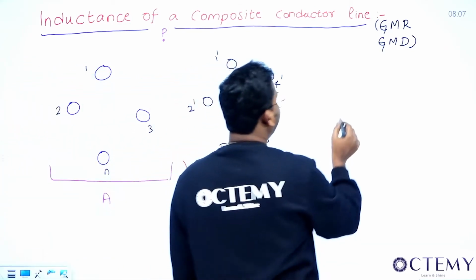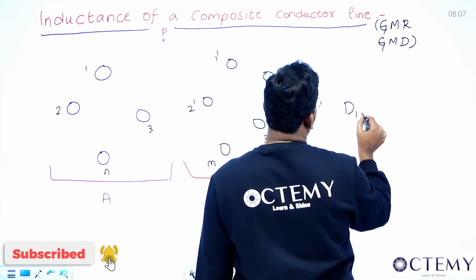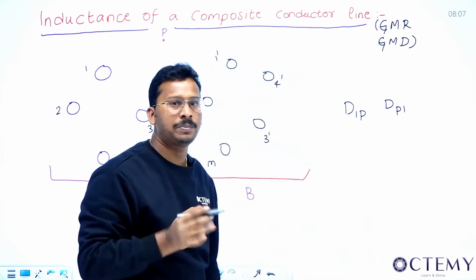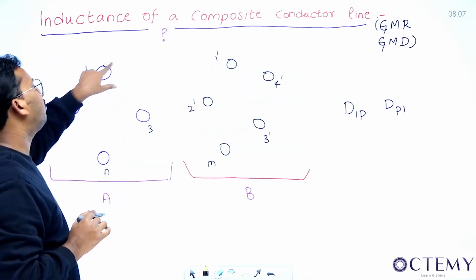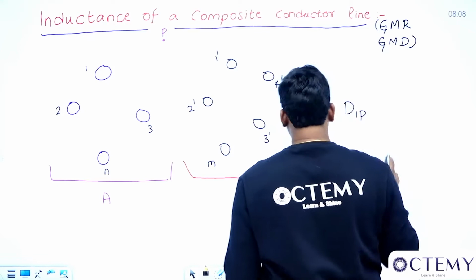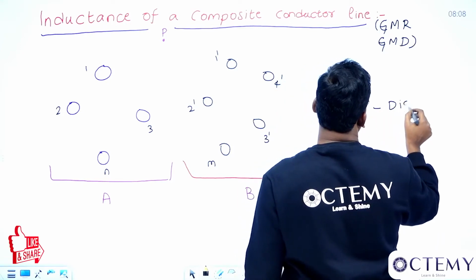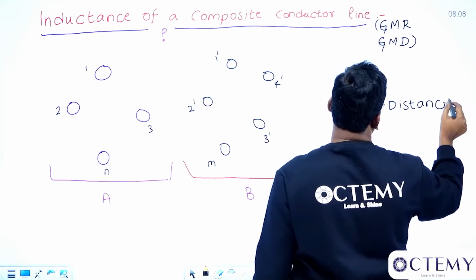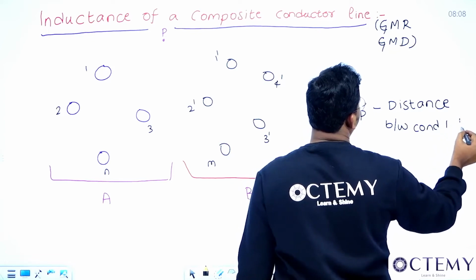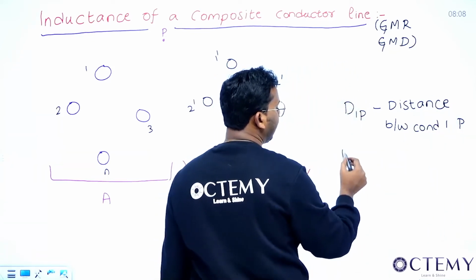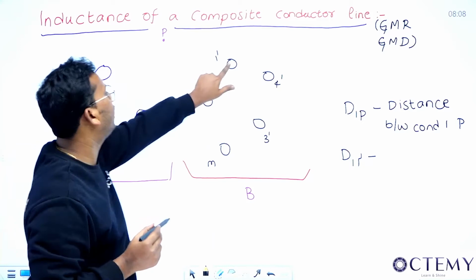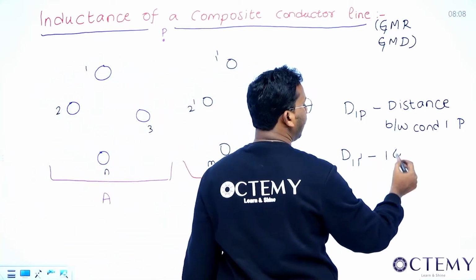Let us take certain assumptions. If I write D1P or DP1, it's almost the same because the distance from 1 to P is the same as from P to 1. D1P means the distance between conductor 1 and point P. Similarly, if I write distance 1 dash, that is the distance between conductor 1 and conductor 1 dash.